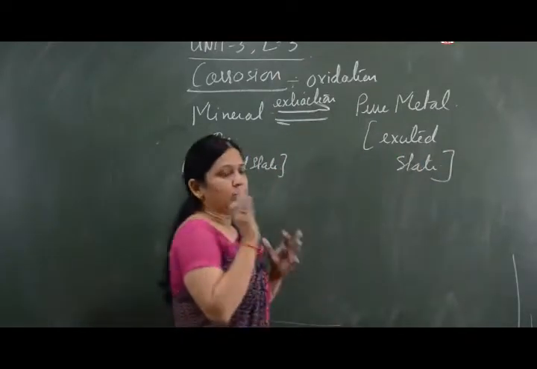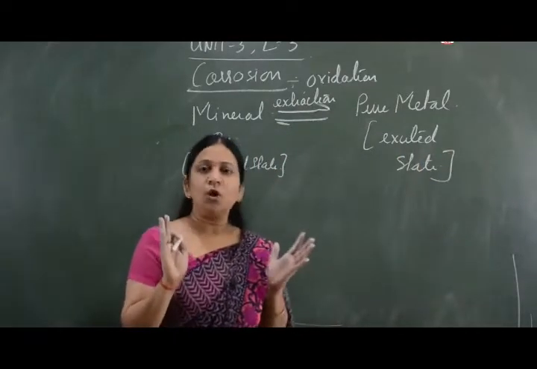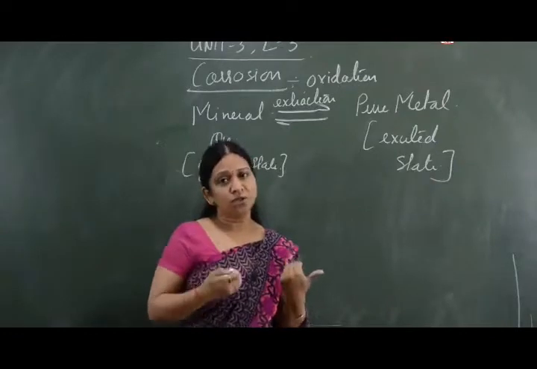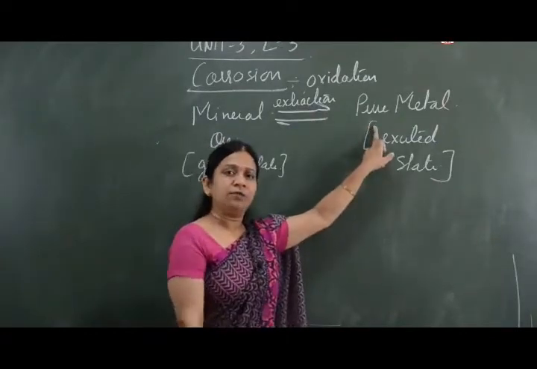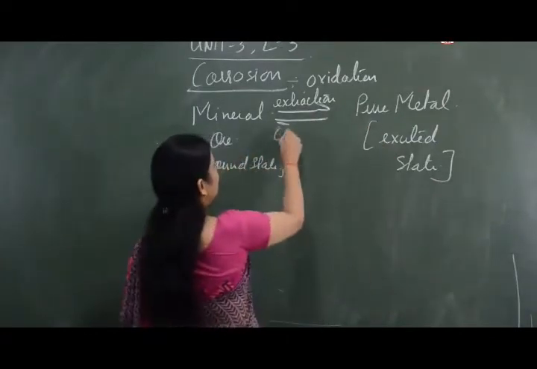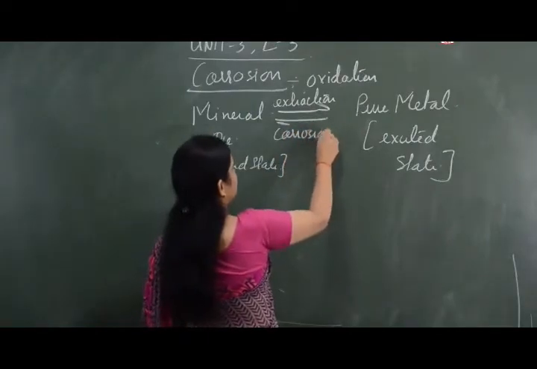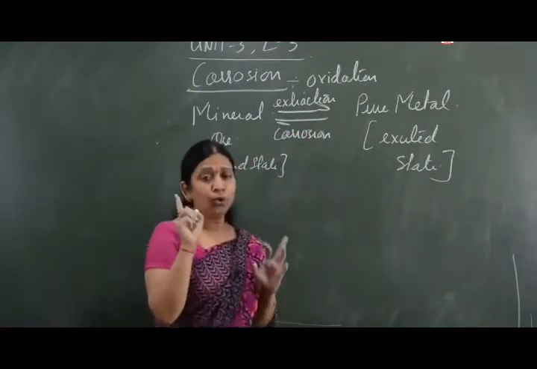Anything cannot remain in an excited state for a longer time. It has to come back to the ground state. To stabilize itself, the pure metal undergoes corrosion. So, this is why metals undergo corrosion.